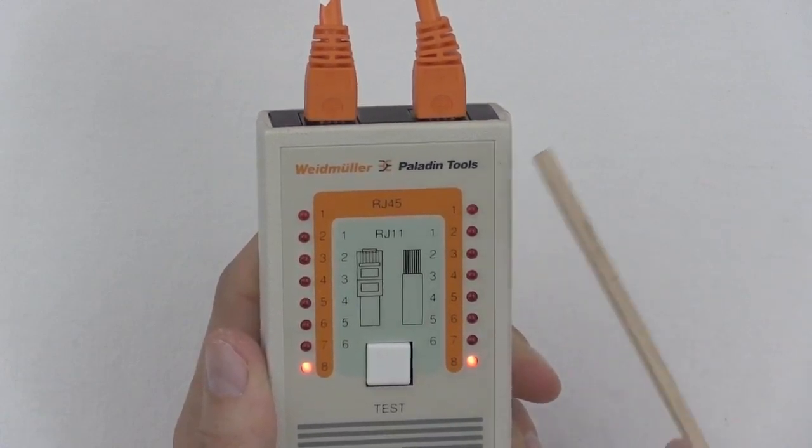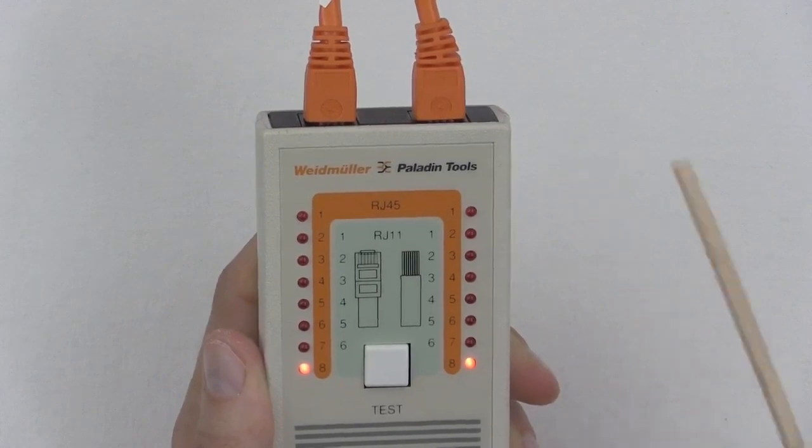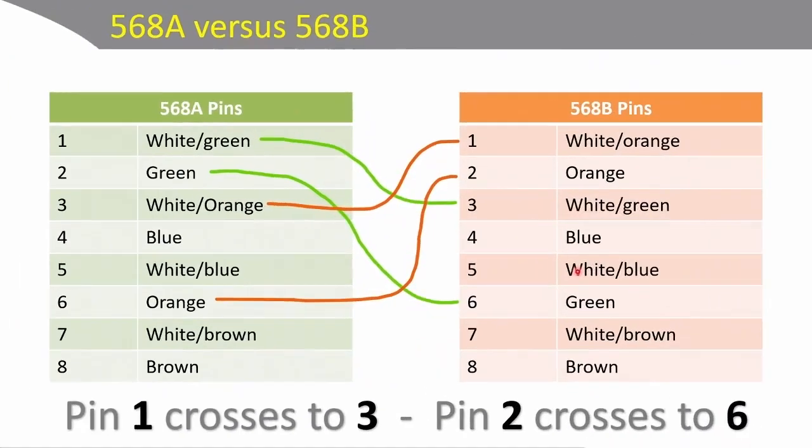We use the 4 wires for a normal Ethernet networking connection, the orange and the green. And so just like we're showing here, we use those green pins and those orange pins whenever we do connections. That's normally what we use. Pins 1, 2, 3, and 6.